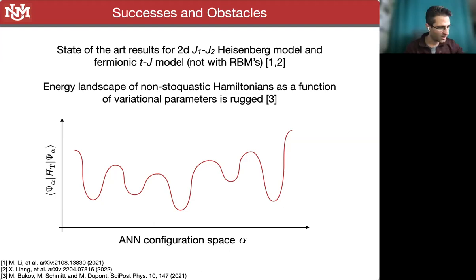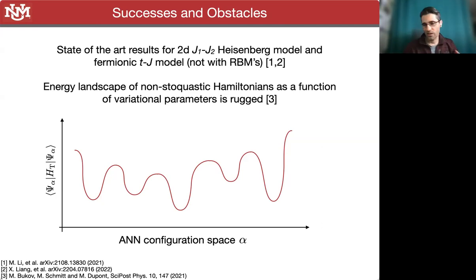Well, it turns out that the energy landscape of these non-stochastic Hamiltonians in this artificial neural network picture is rugged. And again, this may not be surprising, right? These are hard computational problems. So it's not surprising that the energy landscape is rugged and your training algorithm can get stuck in local minima.